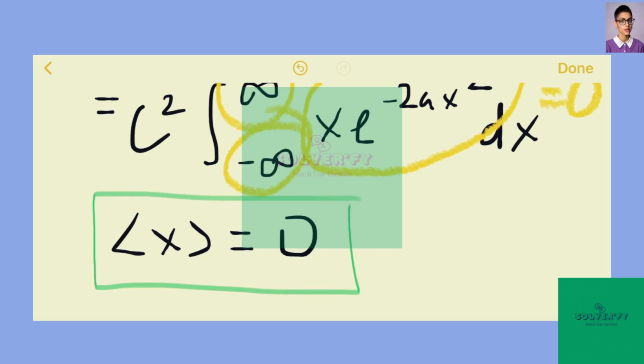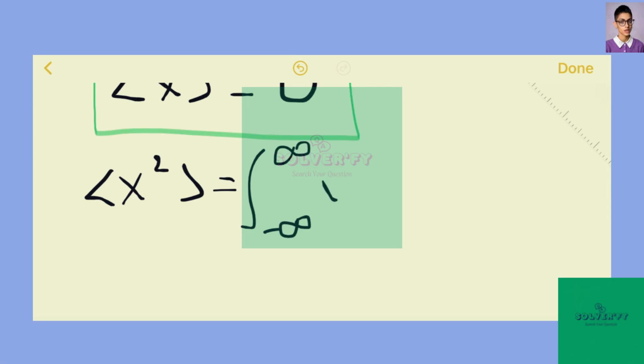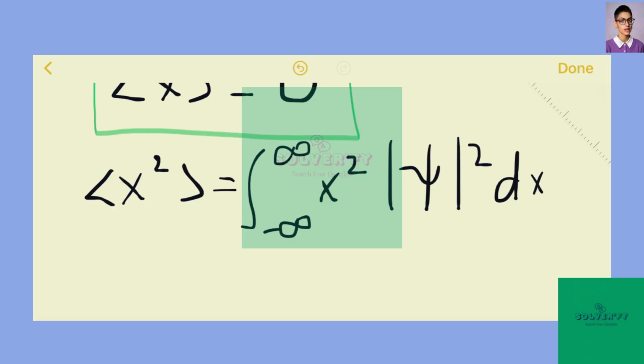Okay, now the expectation value of x squared is equal to the integral from negative infinity to infinity of x squared mod psi squared dx.